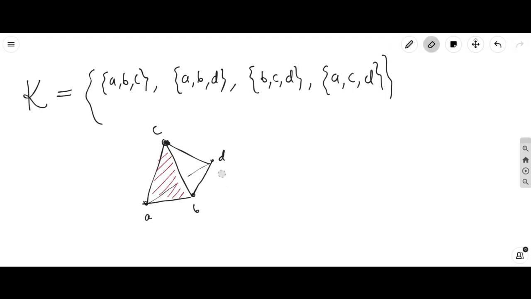And then you have B, D, and C, that would be the face that holds the other one. Then you have the face that's behind you and the face that's underneath. So this would be a tetrahedron. And topologically, that's homeomorphic to the two-dimensional sphere. So that would be the geometric realization of it.